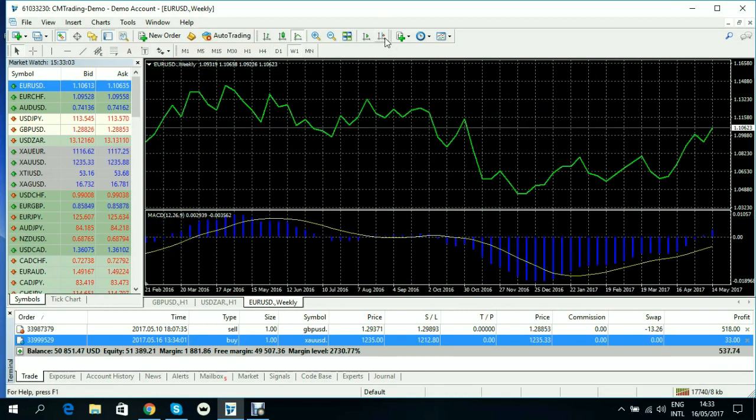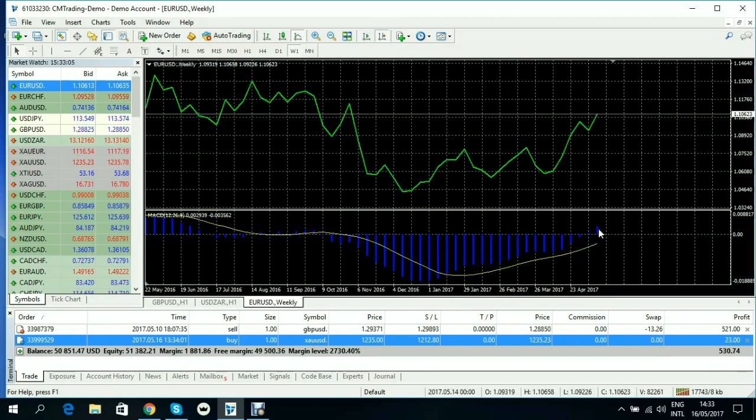Even if we check the weekly, it has just started, so we can say that this EUR/USD is going to be a long buy, because in the weekly time frame too, the bar has started, and by the time the signal crosses the zero zone, it will have bought more.